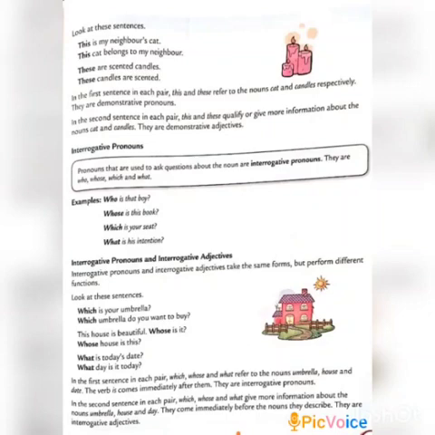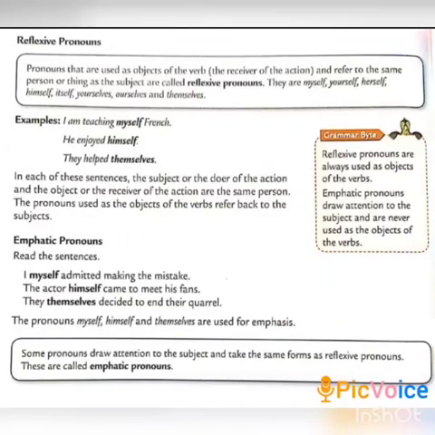They are interrogative pronouns. That is, when the pronouns are followed by the verbs. In the second sentence, in each pair, which, whose, and what give more information about the nouns umbrella, house, and day. They come immediately before the nouns they describe. They are interrogative adjectives.